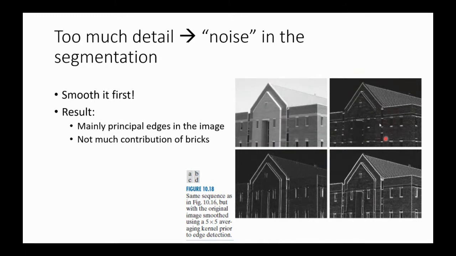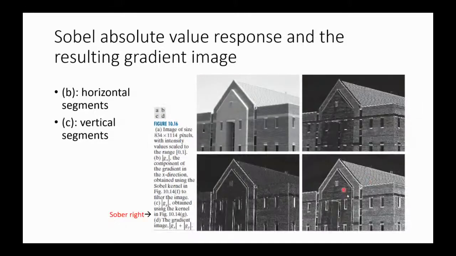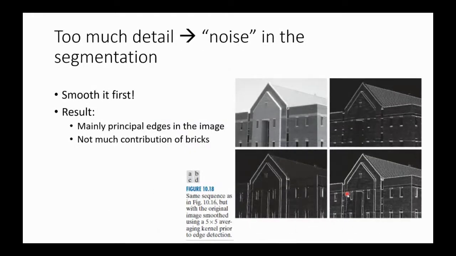You apply the x component of the gradient, that's the result. You apply the y component of the gradient, that's the result. Summing one with the other, we get this very nice result. There's still some noise here, but it's definitely a lot better than this one.